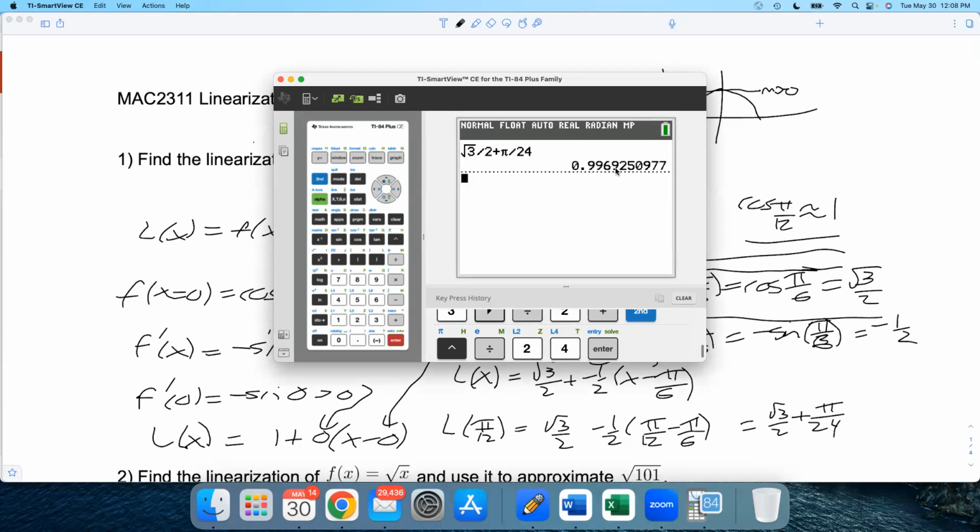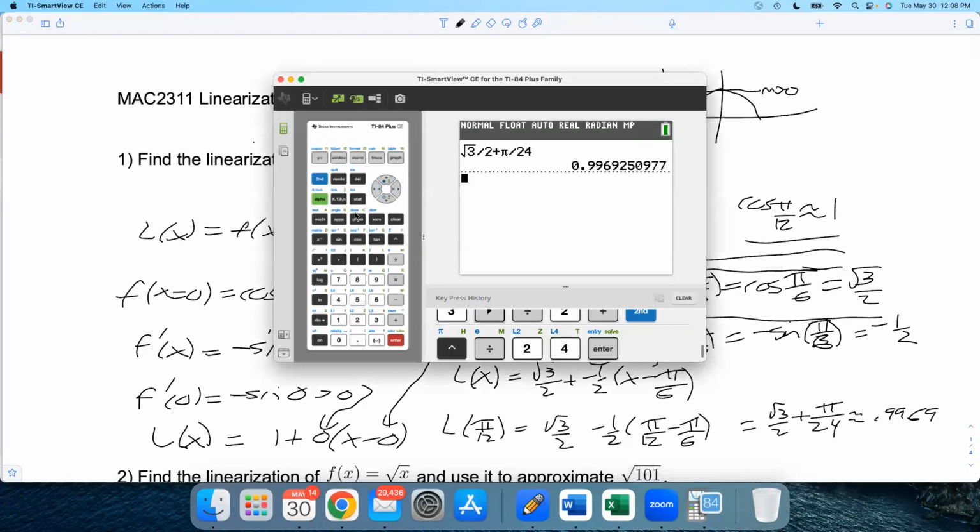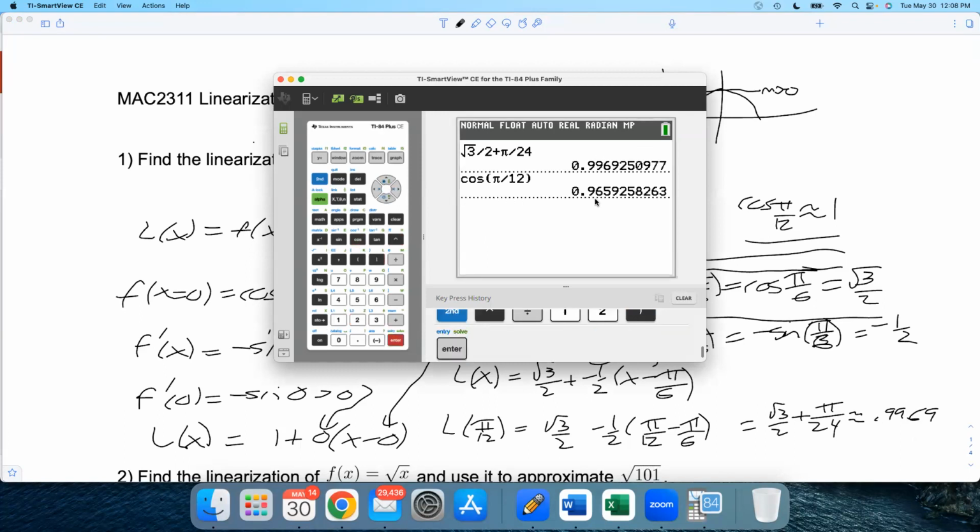I get 0.9969. And you may remember I've cleared it off the screen now. Cosine of pi over 12 was about 0.9659. So I got a better approximation.